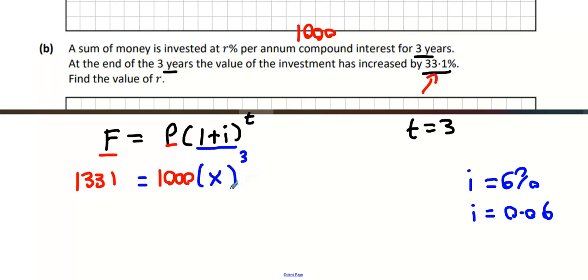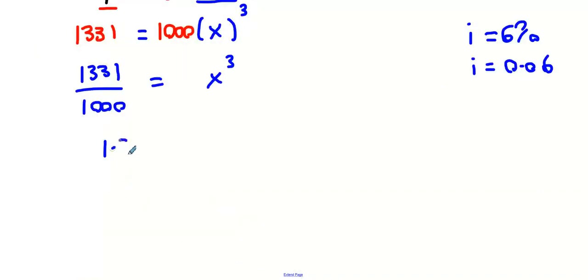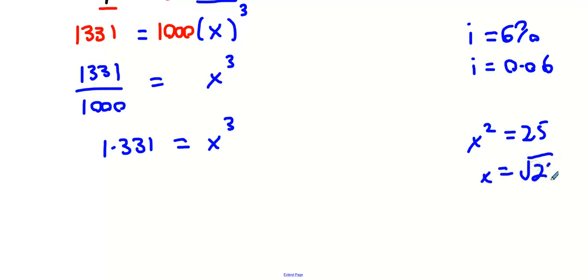So to get the x cubed on its own, here's what we're going to do. x cubed on its own is 1,331 divided by 1,000, which is 1.331. That equals x cubed. Now there's a button. If we have x squared equals 25, we use the square root button, root 25.